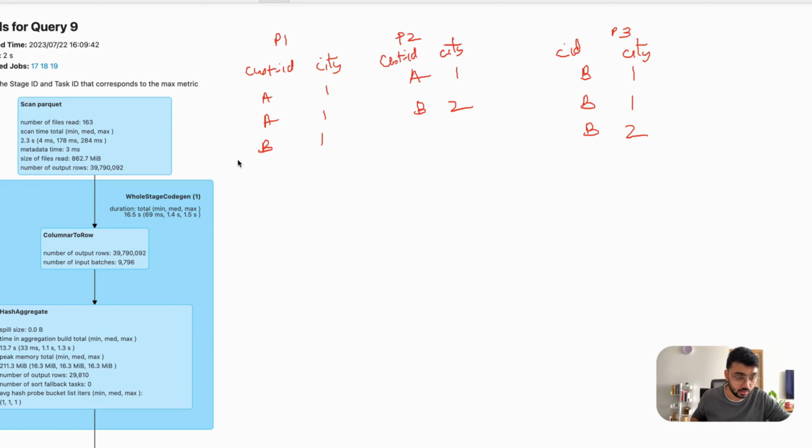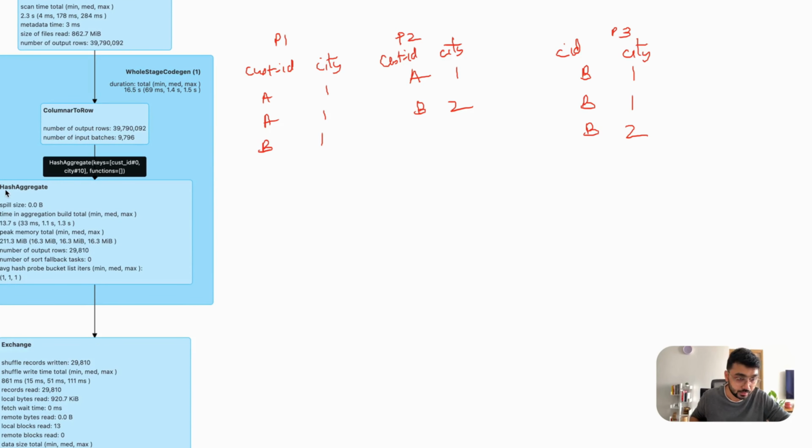Now let's walk through the plan one by one. The first one is a hash aggregate, right? As you see in the black box, the key is customer ID and city, and the aggregation function is empty. It looks a little different from what we've tried to do, right?